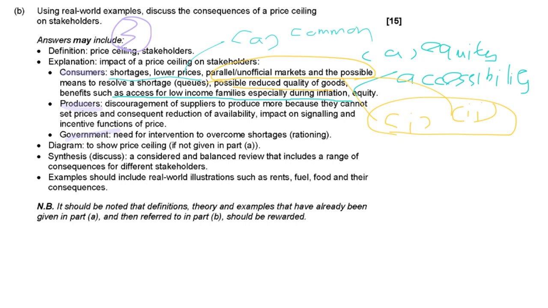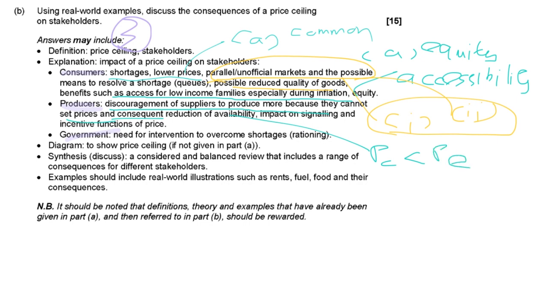For the producer, the major thing is that they are discouraged from supplying those goods, because the price is set below equilibrium. Remember that the price must be set below equilibrium under a price ceiling.